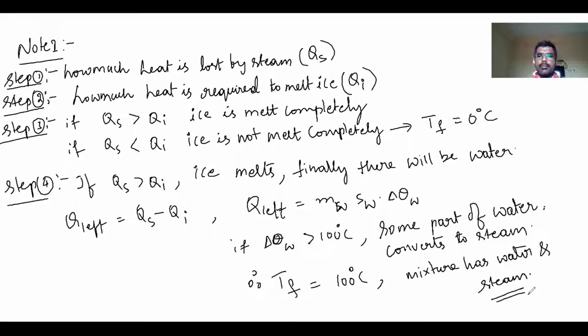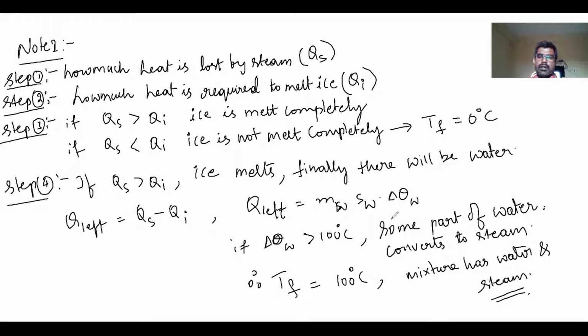Okay, so this is the procedure you need to follow when you are solving problems based on calorimetry, especially when you are mixing ice and steam. Generally, most of you make mistakes in step 3 and step 4. In step 3, if ice is not melted completely, then final temperature definitely you should take as 0, but instead you will be taking some other value.